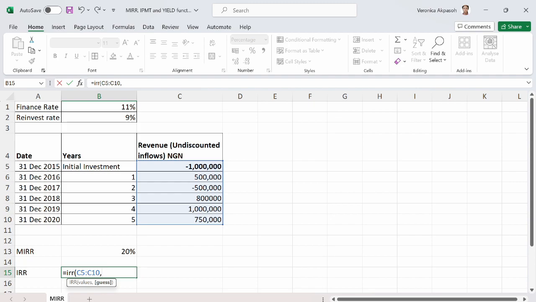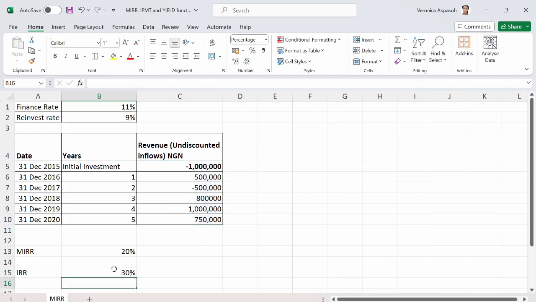Guess is saying that you can guess any rate of return, and Excel will do the iteration to see what the best internal rate of return is. So in this case, I am going to guess 10%, and I close the bracket, and this is what I have. So for this example, the IRR is 30% and the MIRR is 20%.